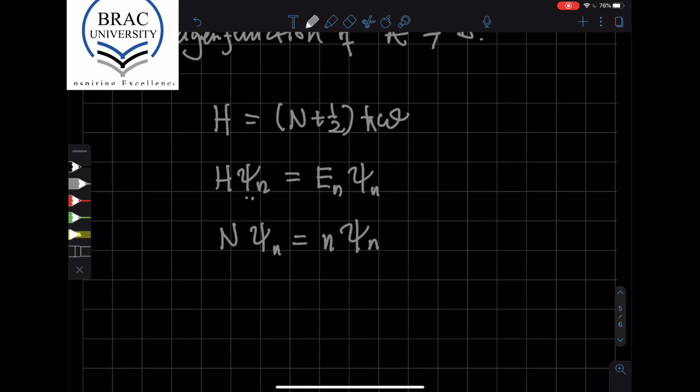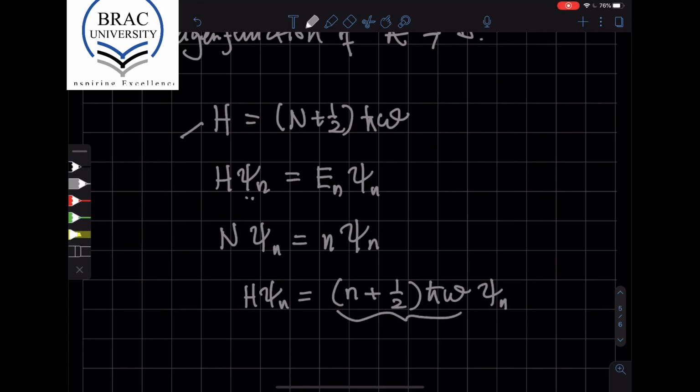So what this relationship means is that H acting on psi n will give me small n plus half h bar omega psi n. So these will be the eigenvalues En. So if I can solve this equation, then I will automatically have solved this equation.